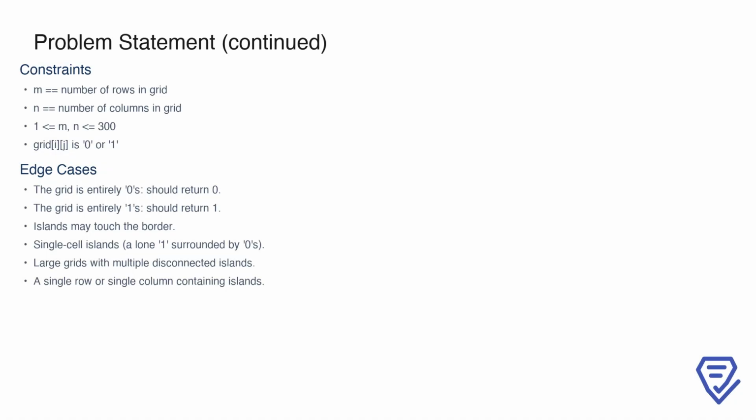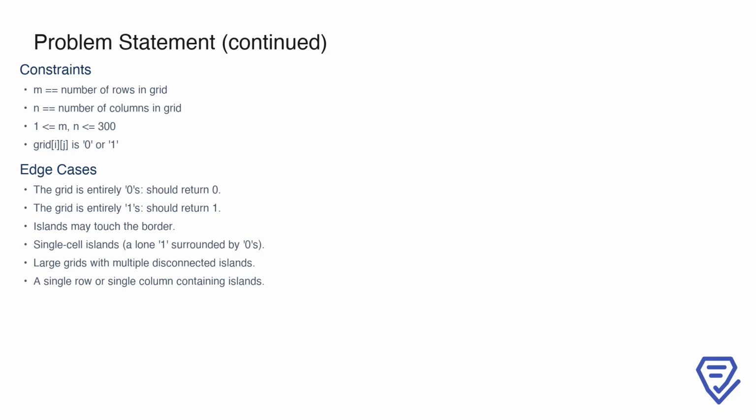Continuing with the problem statement, let's look at the constraints and edge cases. The grid can have up to 300 rows and 300 columns, making performance vital. Each cell in the grid contains either a 0, water, or 1, land. Edge cases you should consider include grids with only water, which must return 0 as there are no islands.